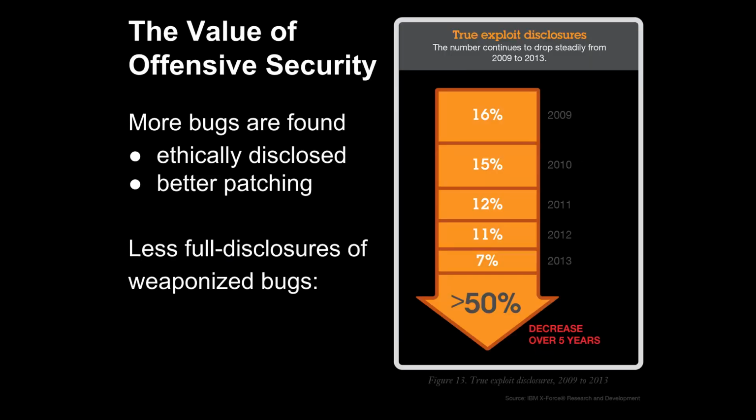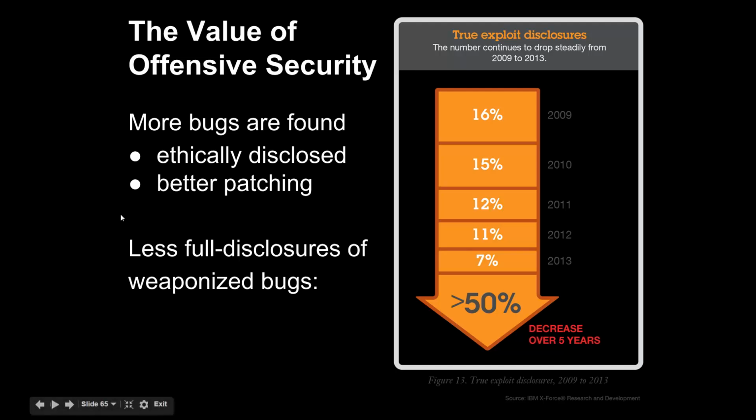In the end, more researchers lately do coordinated and responsible disclosure. And as a result, the number of true exploit disclosures, as in just full disclosure with the proof of concept exploit, has continued to drop from 2009 to 2013, and there's been about a 50% decrease over the 5-year span there. And that's because bugs are being more ethically disclosed and there's better patching.